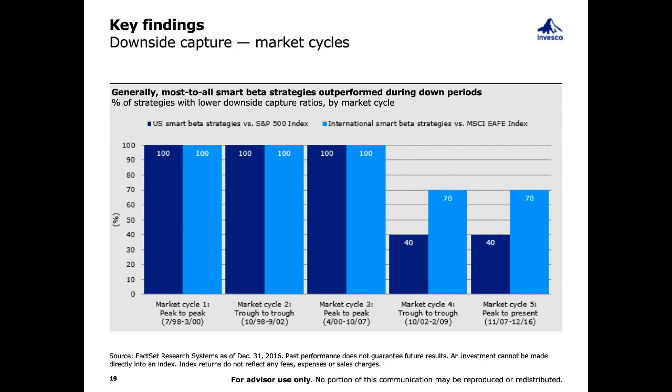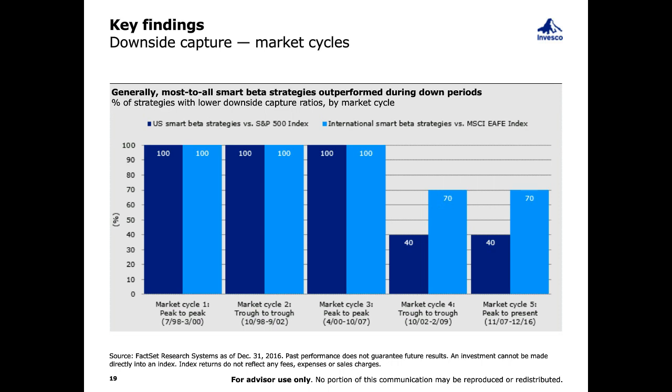Now let's turn our attention to downside capture. Next, we analyze the downside capture to gauge how smart beta factors and alternative weighting methodologies perform during periods of weakness for the S&P 500 and the MSCI indices. Simply put, how much of the market's loss did each strategy realize?